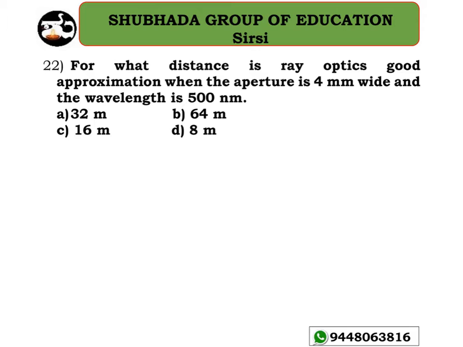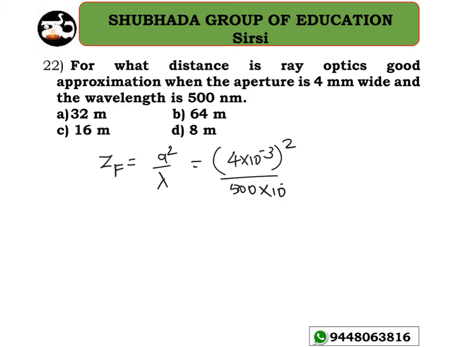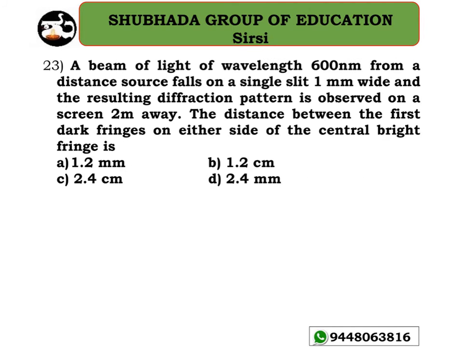As you know, the Fresnel's distance ZF is equal to a square divided by lambda, where a is the width of the aperture, that is 4 into 10 to the power of minus 3, squared, divided by lambda, which is 500 nanometer, 500 into 10 to the power of minus 9. So this is going to be 32 meter. Option A is the right answer for this question.